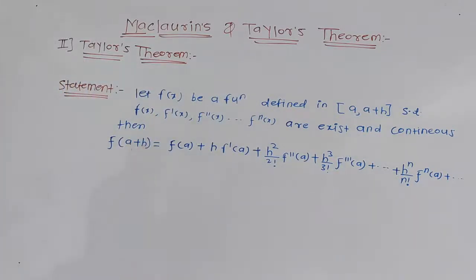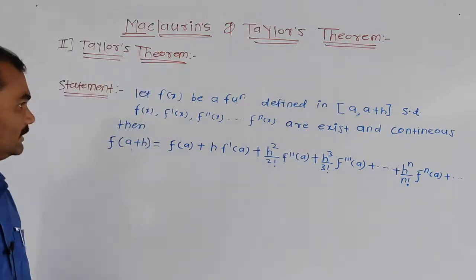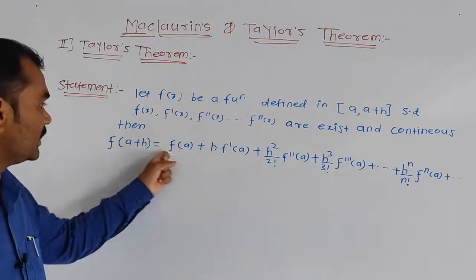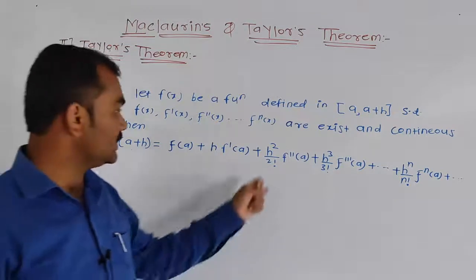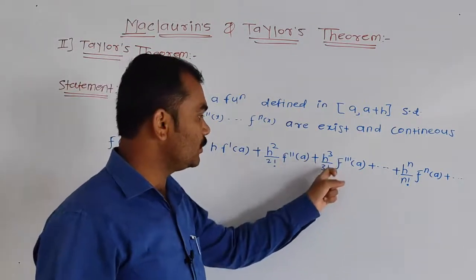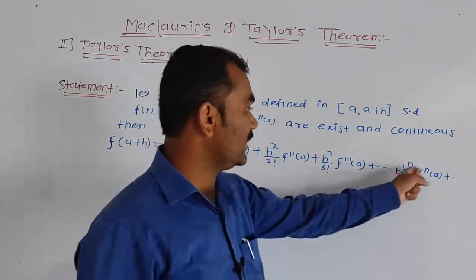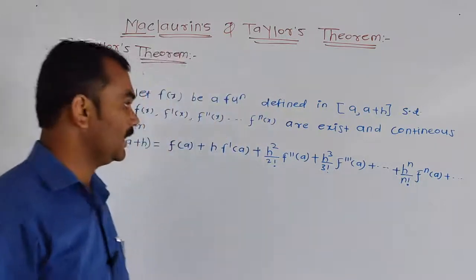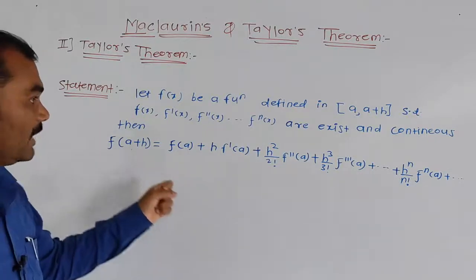Let f of x be a function defined in that interval. Then we write this theorem as f of a plus h is equal to f of a plus h into f dash of a plus h square upon 2 factorial f double dash of a plus h cube upon 3 factorial f triple dash of a plus dot dot dot h raised to n upon n factorial f raised to n at a. Now this Taylor series is about the point a.